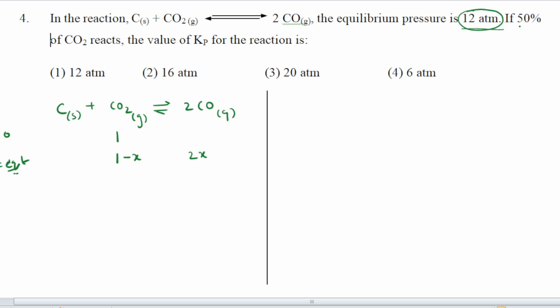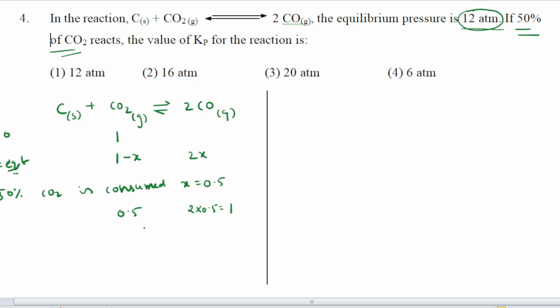But from the given data, we come to know that 50% of CO2 is consumed, which means that x is equal to 0.5. Then the number of moles of CO2 is equal to 0.5 and the number of moles of carbon monoxide is 2 into 0.5, that is equal to 1.